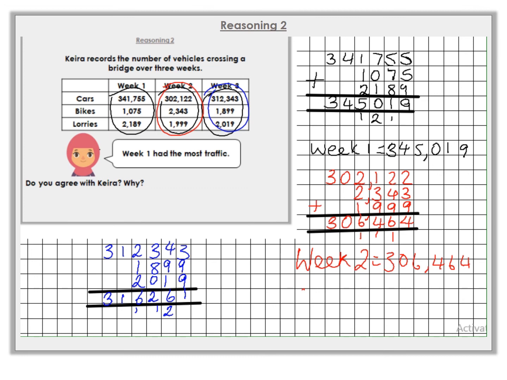So your answer for week 3 is 316,261. So if you look at the numbers now, Kira is correct, okay? So she is correct, and then you could reference these 3 calculations. So well done for that correct year 5.